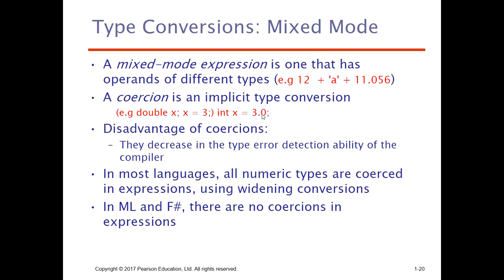The disadvantage of coercion is a decrease in the ability of the compiler to detect errors and trace them in the program.